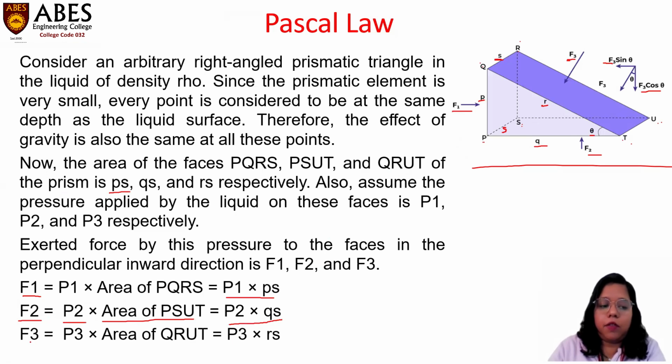Next is F3, the force on face QRUT. F3 will be P3 multiplied by the area of QRUT, and the area of QRUT is rs. So F3 is equal to P3 into rs. So we have calculated all three forces on the three faces of this prismatic triangle.